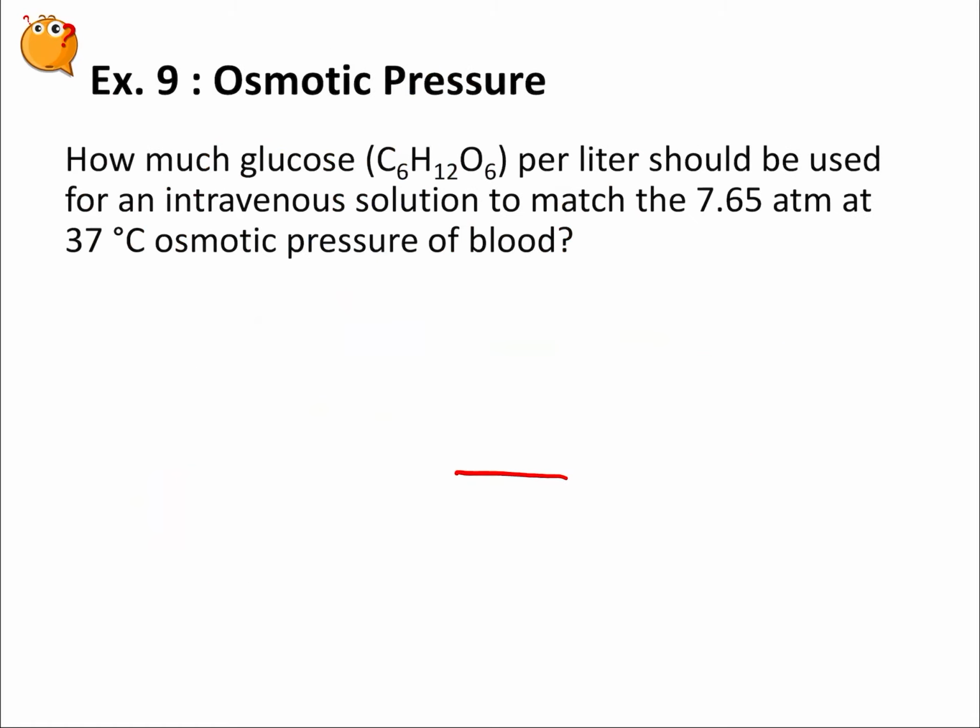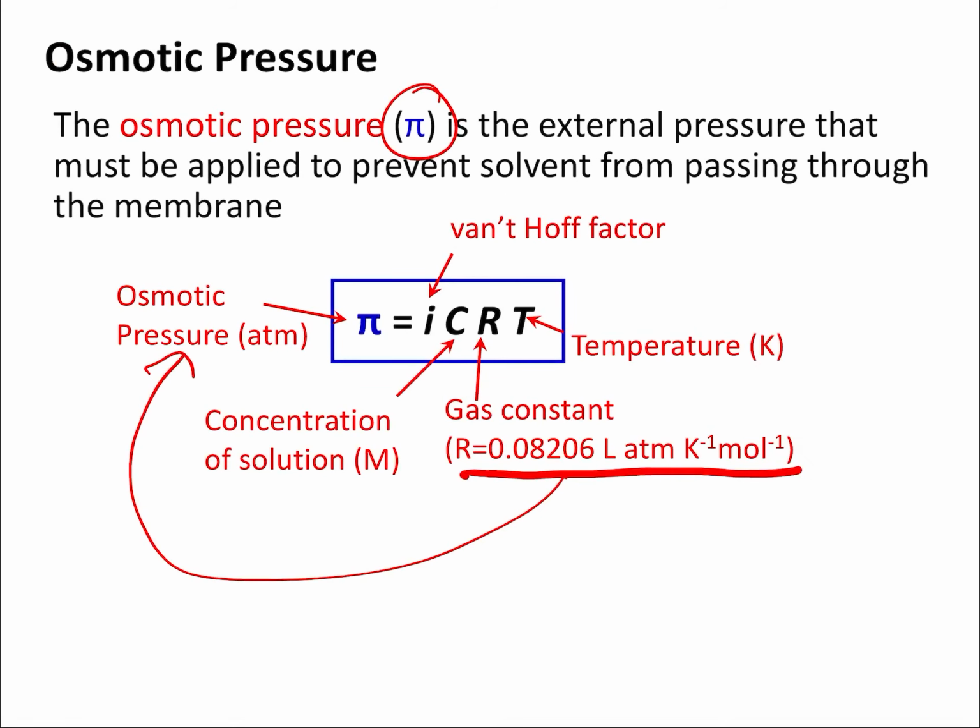So we have a question which says, how much glucose per liter should be used for an intravenous solution to match the 7.65 atmospheres osmotic pressure of blood at 37 degrees? We're going to use our osmotic pressure calculation, which is pi equals i m RT, or iCRT.